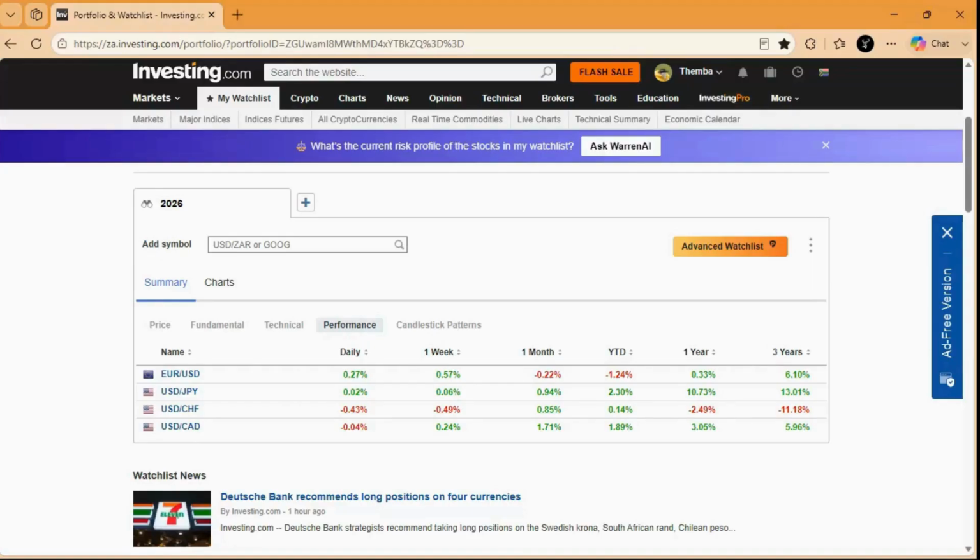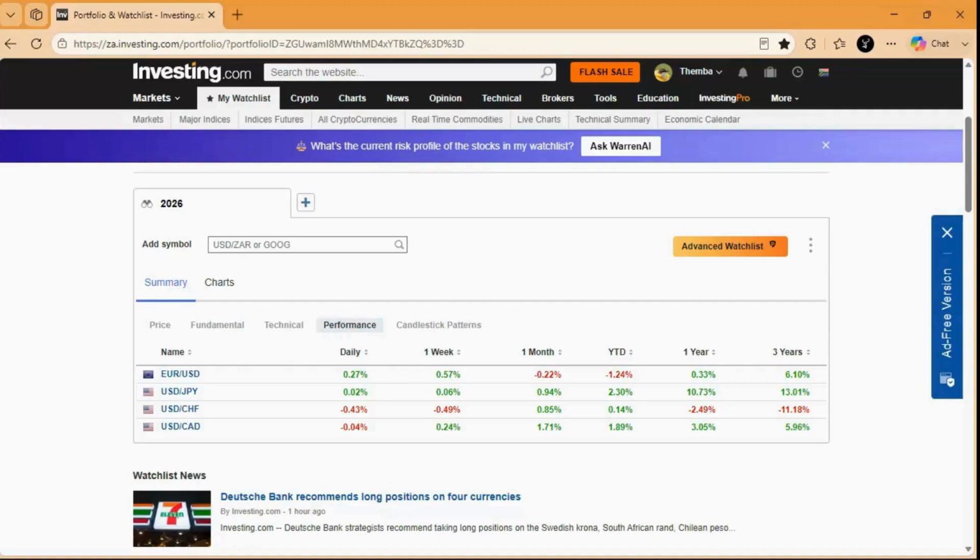So in the past week it went up by 0.57%, so last week closed up 0.57%, and today it's up by 0.27%, which is also part of that 0.57%. So this week opened with buys towards the upside. That's the Euro USD performance.